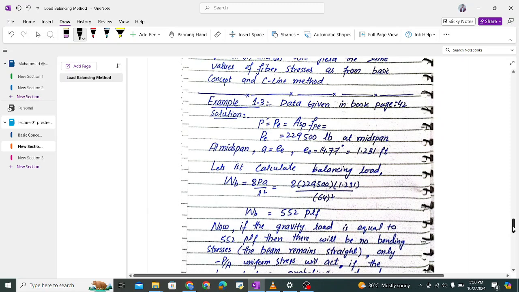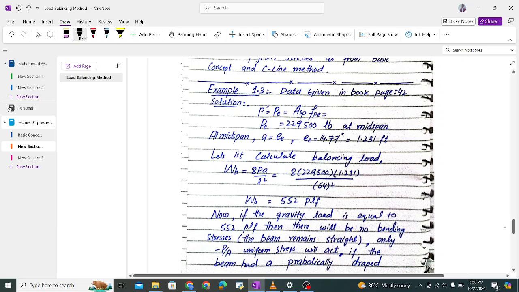So first of all, the effective pre-stress is P prime, which we already discussed in the previous methods, in the C-line method and in the basic concept method. At mid-span, A is equal to EC, and EC is equal to 14.77. This is the eccentricity at mid-span.